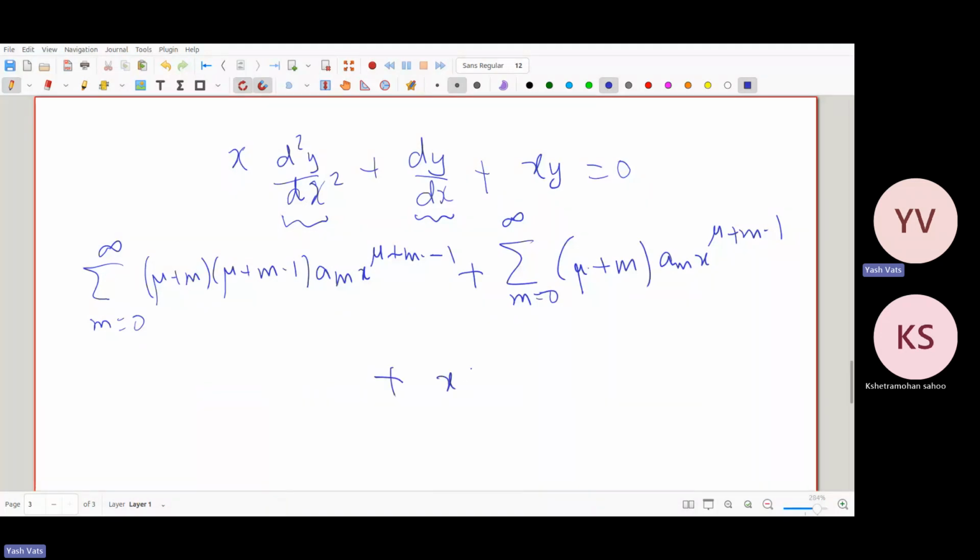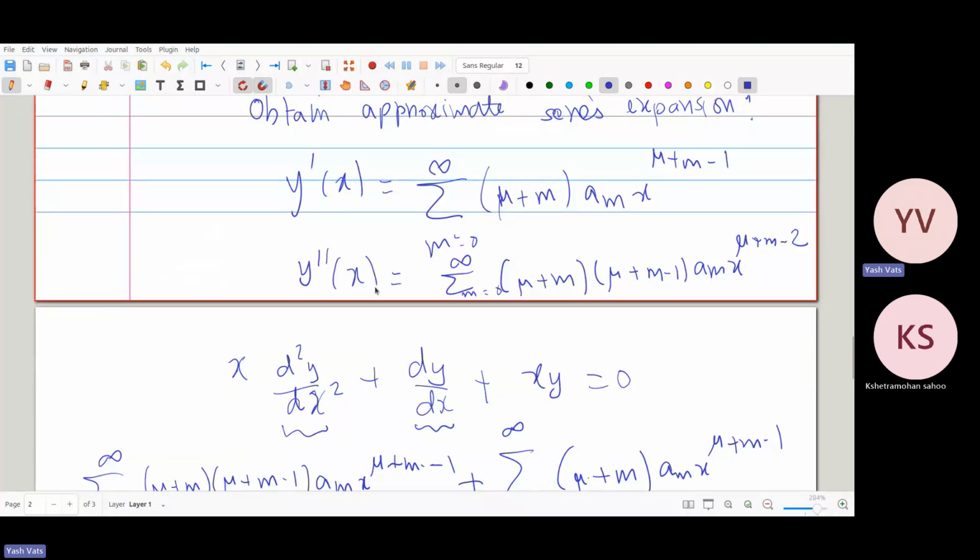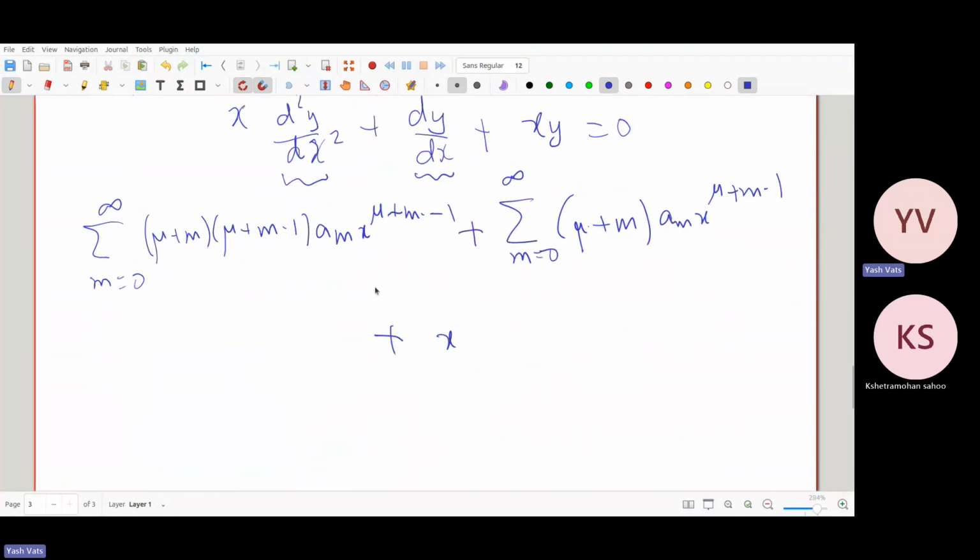That's just simple. y is just a_m x to the power mu plus m, so x times y is a_m x to the power mu plus m plus 1, summation m equals 0 to infinity, and that will be 0. So you substitute this equation into this.